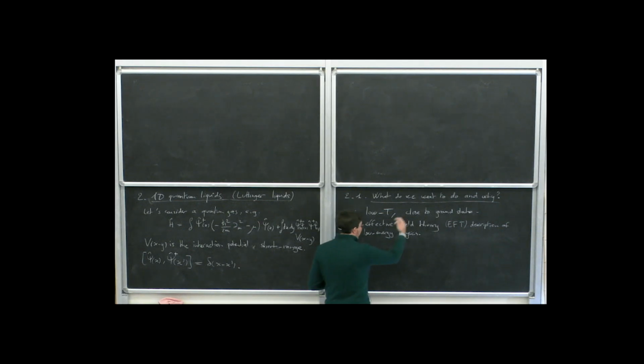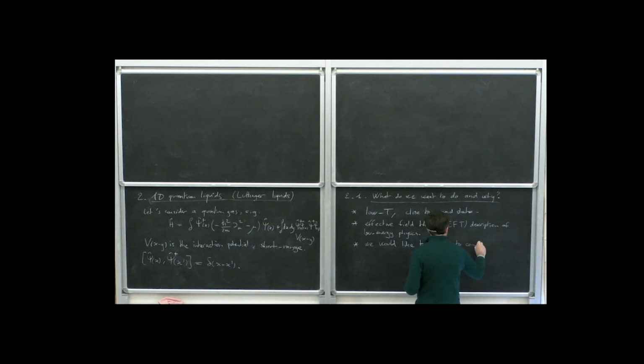Once we have identified the correct effective field theory description, we would like to be able to compute physical quantities, for instance correlation functions. Why correlation functions?